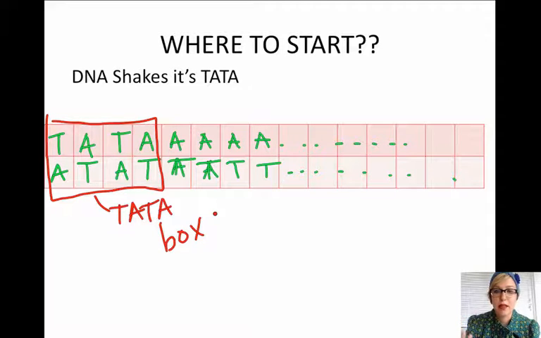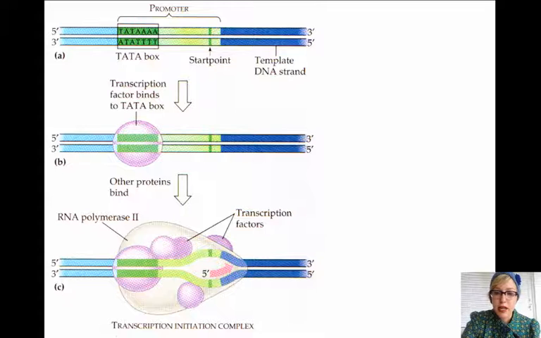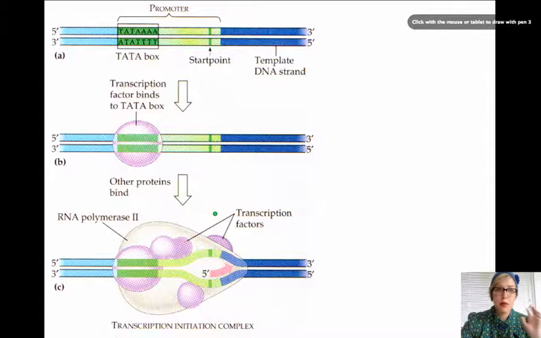This is called the promoter region, and this is where the transcription factors begin to assemble to start splitting apart DNA and create an mRNA. So let's take another look here. I've got an image. If this is our strand of DNA, remember DNA has a direction, 5' to 3', 3' to 5'.